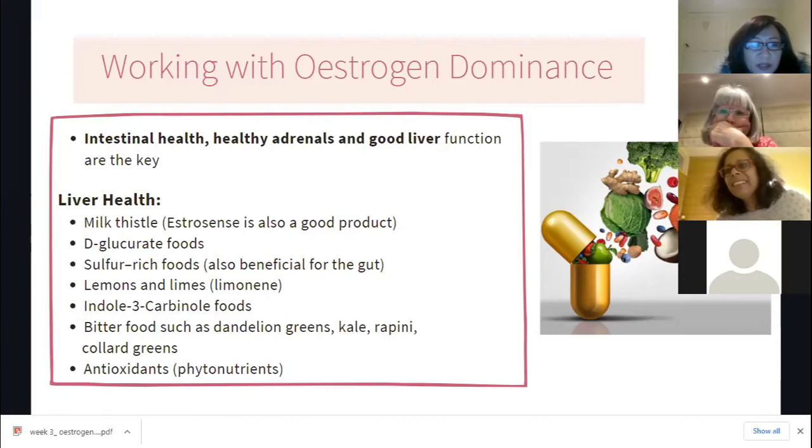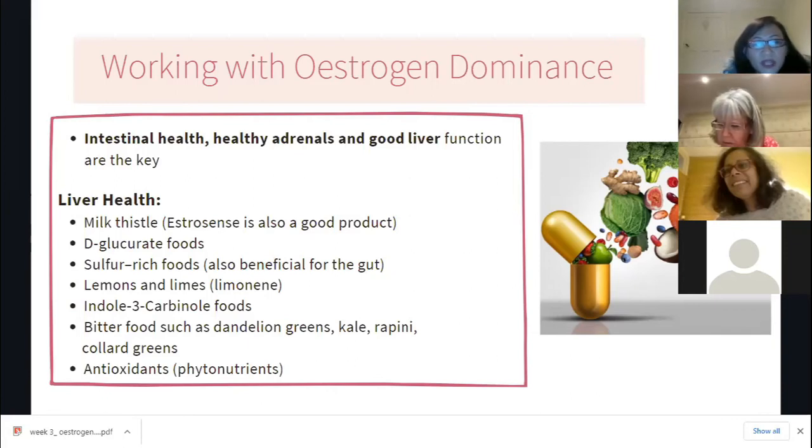You've got the glucarate foods that we mentioned before. You've got milk thistle. Milk thistle is wonderful, and it's one of the main nutrients that can help the liver to regenerate. If you've got parts of the liver where the liver cells have died off, milk thistle can actually help regenerate the liver. It has anti-cancer properties as well, and it's one of the key ones that I always recommend for liver support.